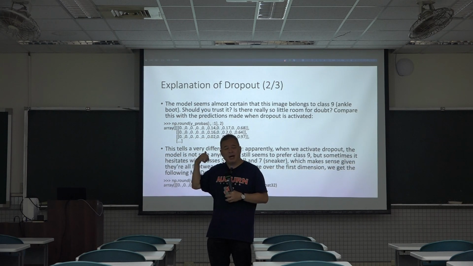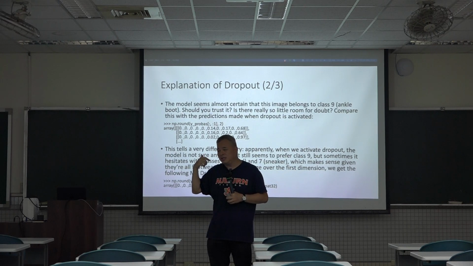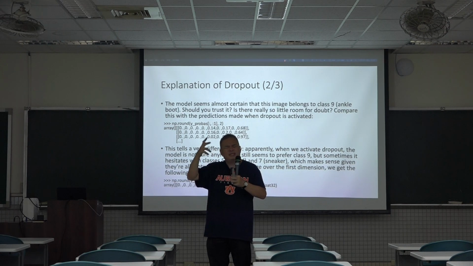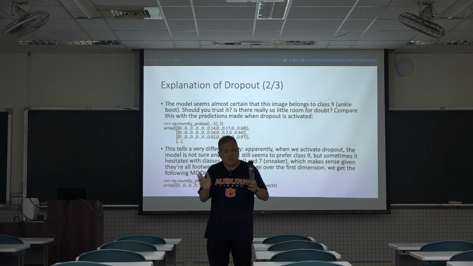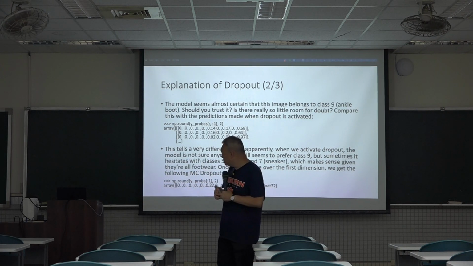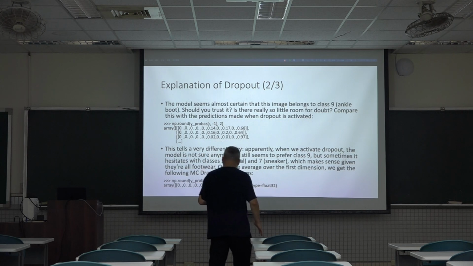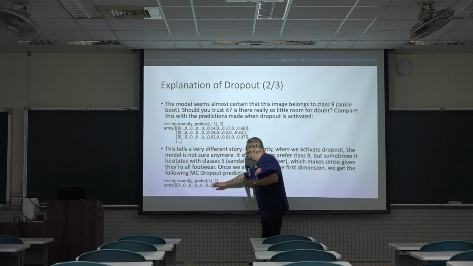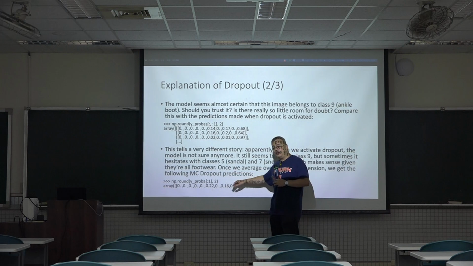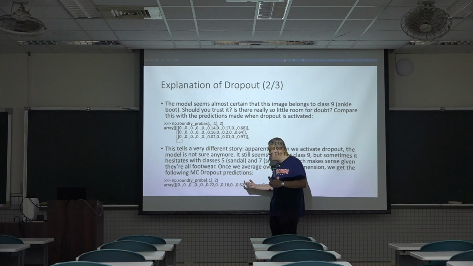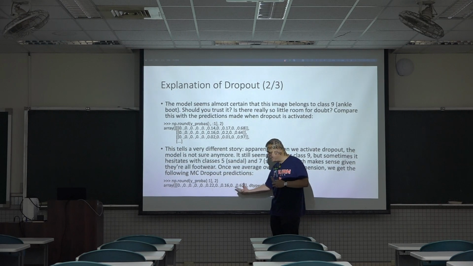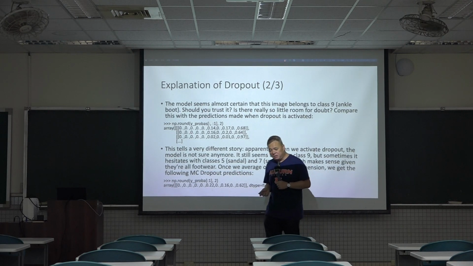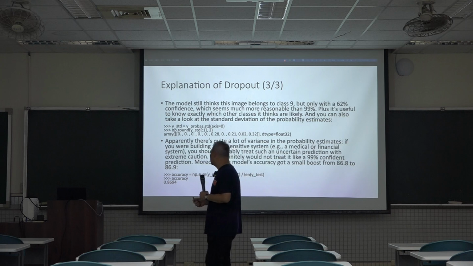The original model doesn't tell you that, with a lot of information. But if you use MC dropout, you are able to obtain that information, and estimate how trustworthy each class is.